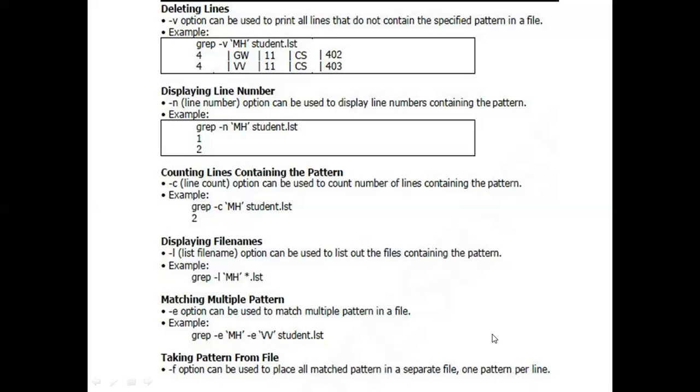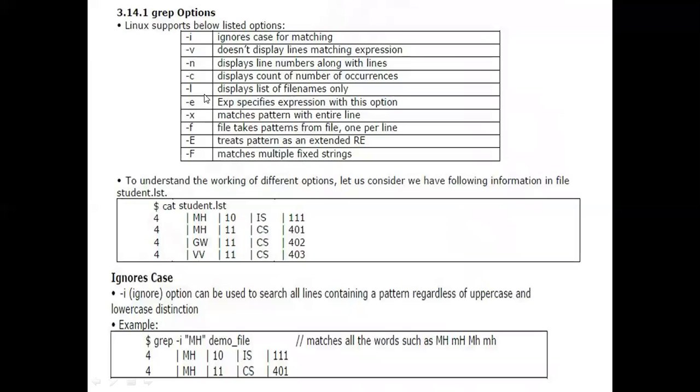So in that particular file, one pattern should be placed line after line. That means MH should be placed in the first line, VV should be placed in the second line. So if you are using grep with the -f option, then you can take the patterns as input from a given file. So these are the major options you can use with the grep command: -i, -v, -n, -c, -l, -e, -f.